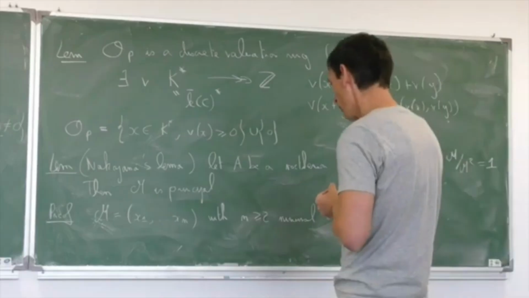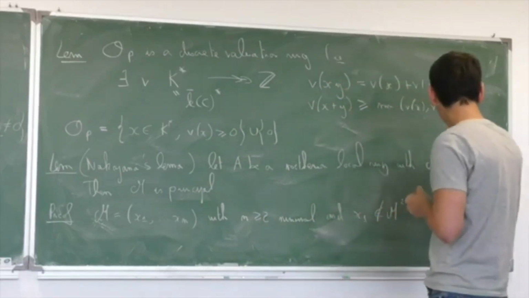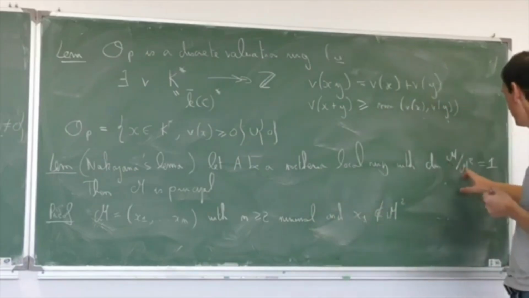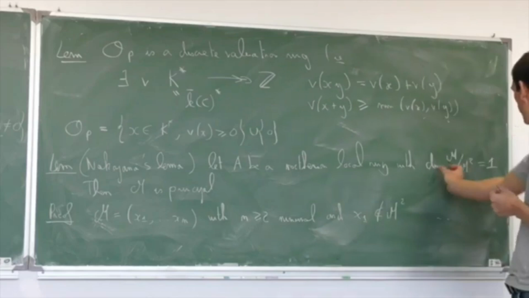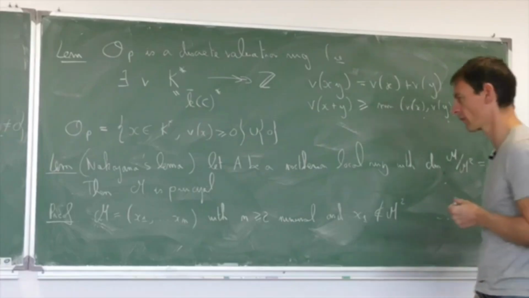Okay, so what can I do now? Now I know that x1 is going to generate M over M square as a K vector space, where K is A divided by M, because the dimension is 1.